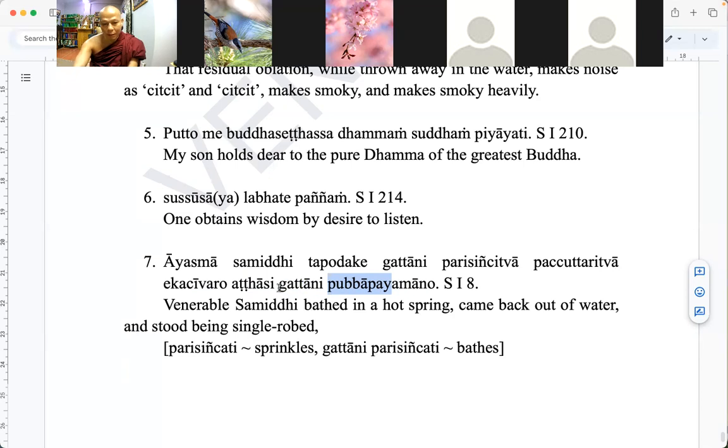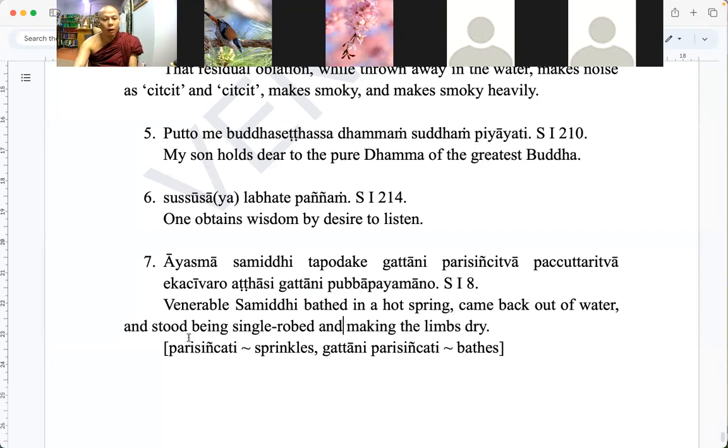Here, making the limbs as a former means making them dry. So in this way, being single robed and making the limbs dry.